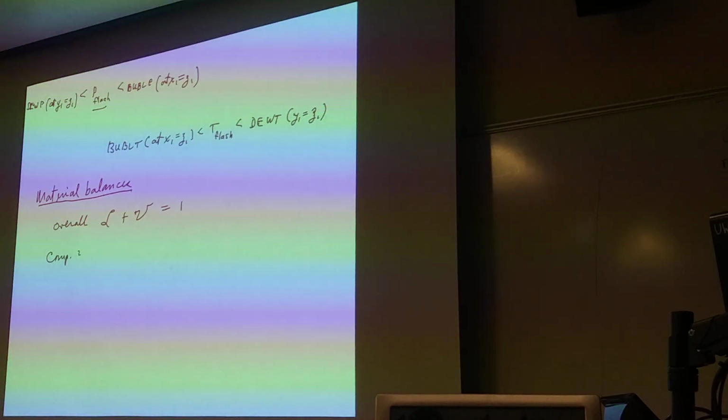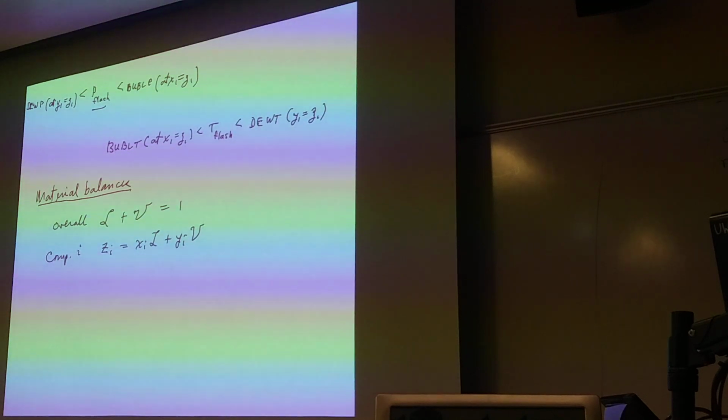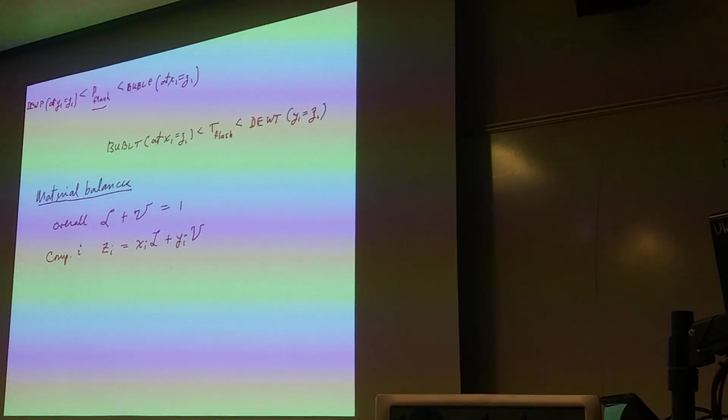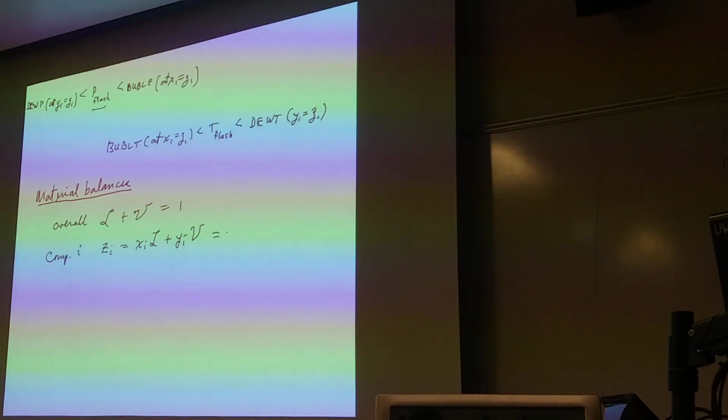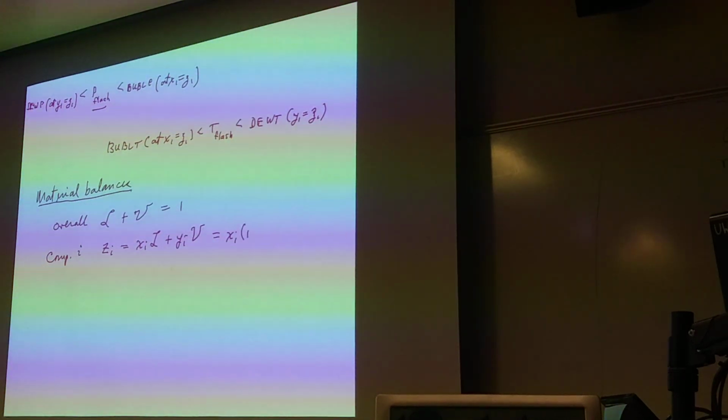And for every component, let's say component i, we have the statement that Zi is equal to XiL plus YiV, with capital V. I'll eliminate capital L right away, so I can write this equation for each component as Zi equal to Xi times (1 minus capital V) plus Yi times capital V. And then I have equilibrium equations.